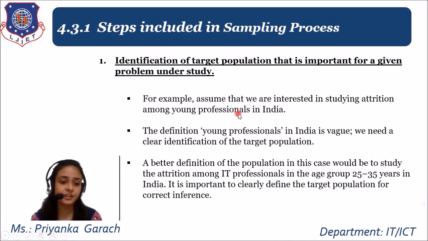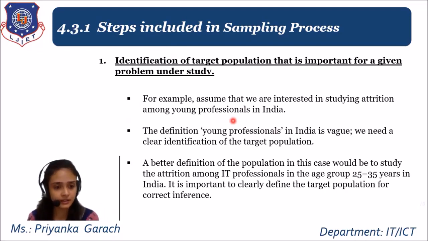So, this definition is very generalized if you view this definition very carefully. So, there are so many professions available. Suppose the IT is there, computer is there, mechanical is there, civil is there, then chartered accountants is there, finance related professions, literature related professions are there, then young professionals in India.